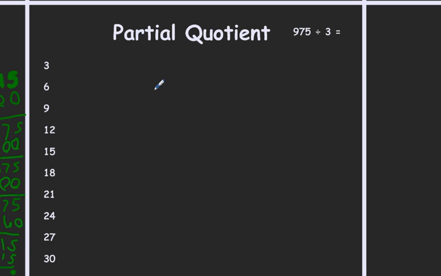Okay, with partial quotients, my dividend, 975, goes underneath, and I'm going to make this beautiful house over here, and then my divisor goes here. With partial quotients, I'm going to do chunks to the side again. So 3 times what gets me closest to 975?